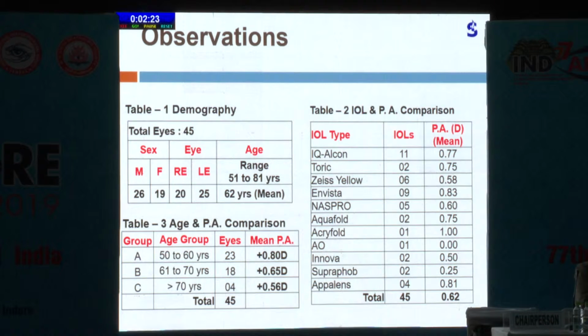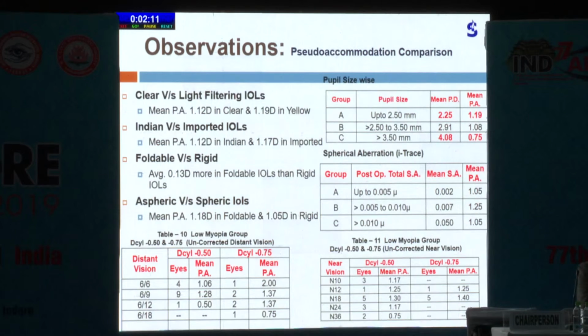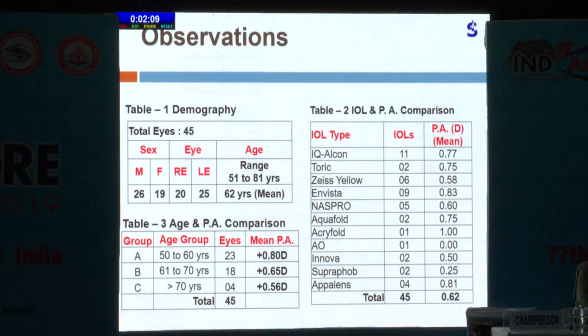In these 45 eyes, different lenses were implanted: monofocal, foldable, non-foldable. The age group was between 50 and 70. We found that in the higher age group, above 70, the accommodation was less.